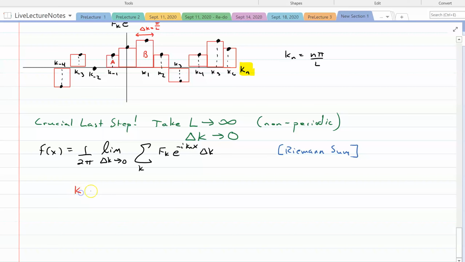So k can now be thought of as a continuous variable, not discrete. So k can take any value. And then the sum becomes an integral.